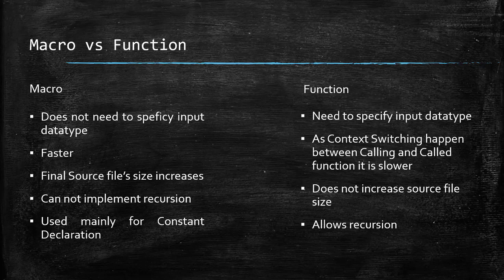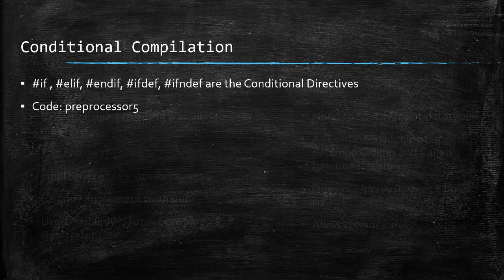So let us take the third type of macro, that is the conditional compilation macro directives. Here there are several, like #if, #elif, #endif to close the if, then #ifdef and #ifndef.